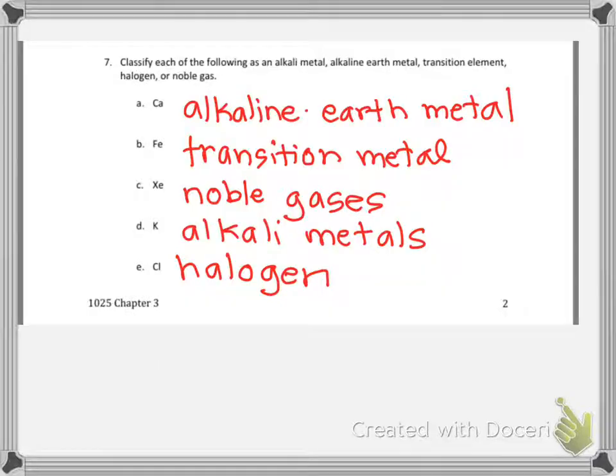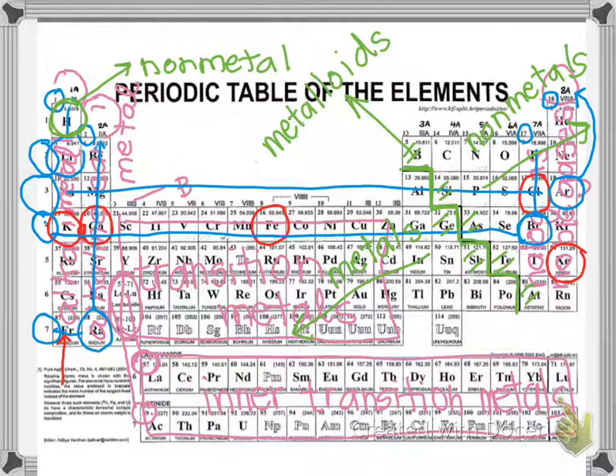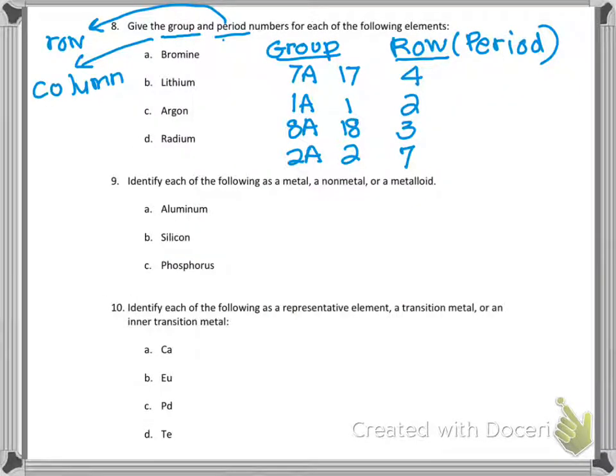So let's take a look at question 9. So letter A, aluminum. So you find aluminum, and even though it is on the stair-step line, it is an element that is classified as a metal because it has metallic properties, and so aluminum would be a metal. Silicon.